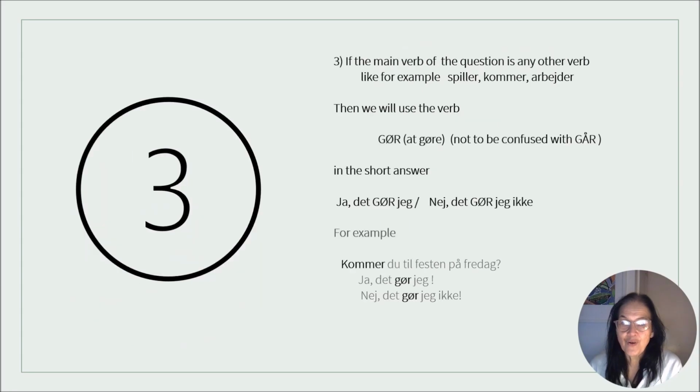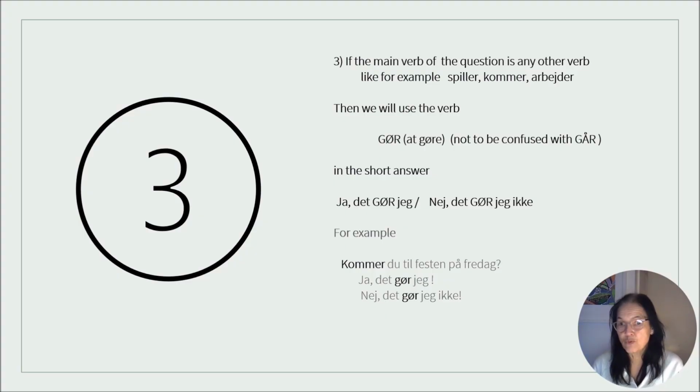And for all the remaining verbs, and that is rule number 3, there we will use the verb gør. Okay, so for example, if we have any other verbs, it could be spiller, kommer, arbejder, we will use gør, which is not to be confused with går.